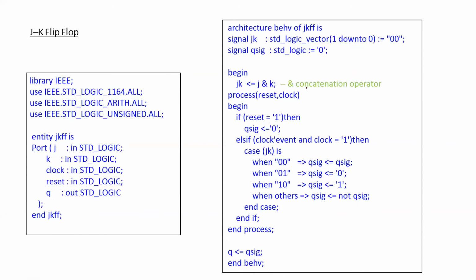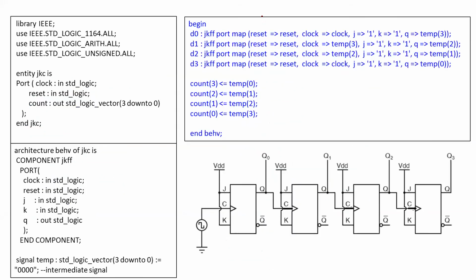Next, since here I have only defined the JK flip-flop, I have replicated the functionality of the JK flip-flop. Now with structural modeling, I am using this JK flip-flop for creation of a counter.